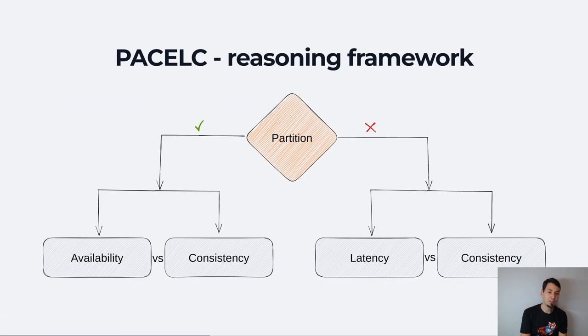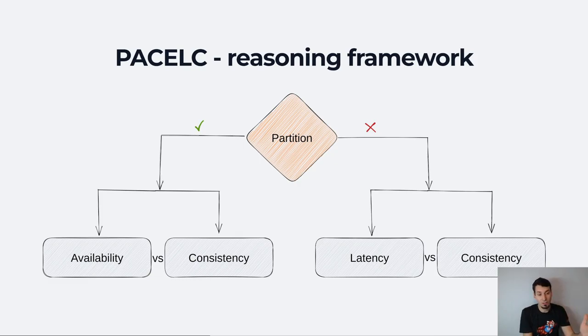I find the PACELC theorem a very good reasoning framework when looking at the consistency and latency trade-off. PACELC is a CAP theorem extension that is supposed to be used for latency and consistency trade-offs in distributed databases. PACELC defines a trade-off that must be made during normal operations, when there is no network partition, and in case of a failure, when the network partition happens.